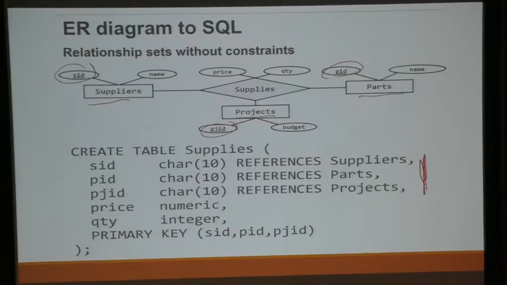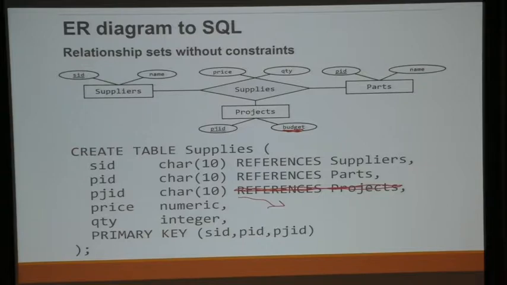One thing that I haven't really talked about is what happens if one of the entity sets actually has multiple primary keys. Let's say the project ID and the budget are actually both primary keys. Now, how do you capture that? Basically, just add the budget over here. So for this one, we cannot use this kind of foreign key.